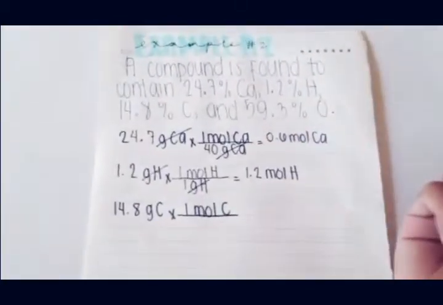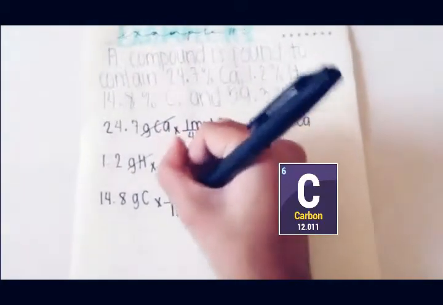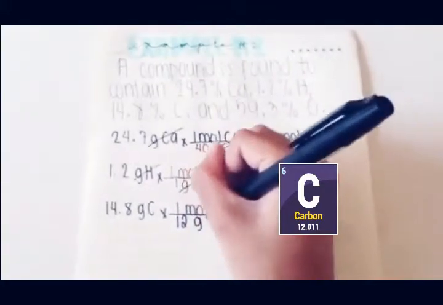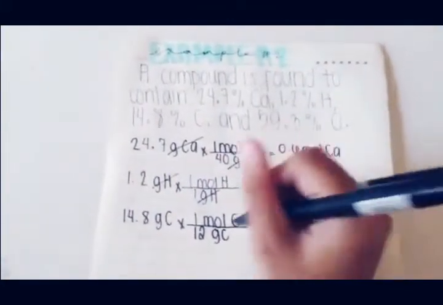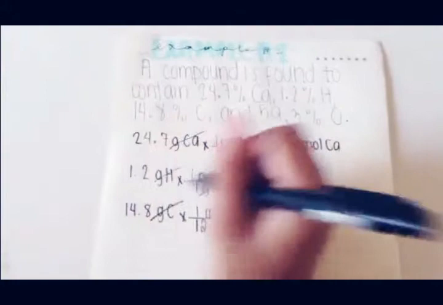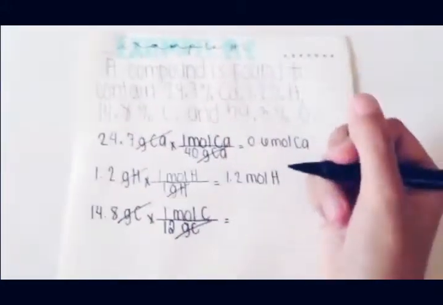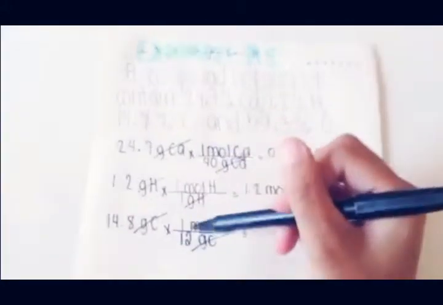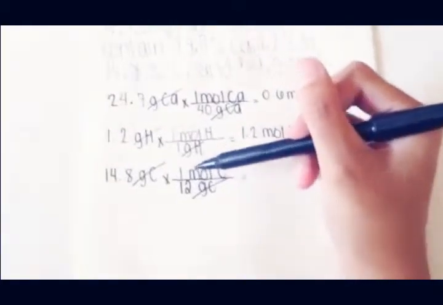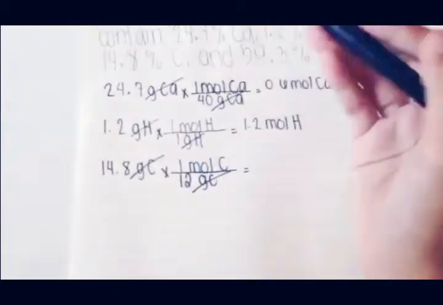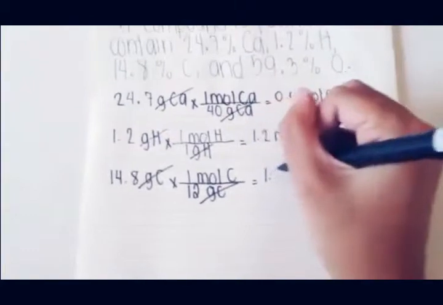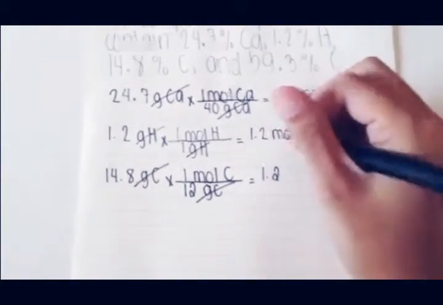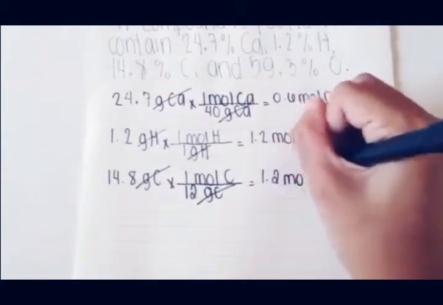Carbon's atomic weight is 12 gram carbon. Again, we have to cross out the same units and then you can now solve it. 14.8 times 1 divided by 12 is equals to 1.2 mole carbon.